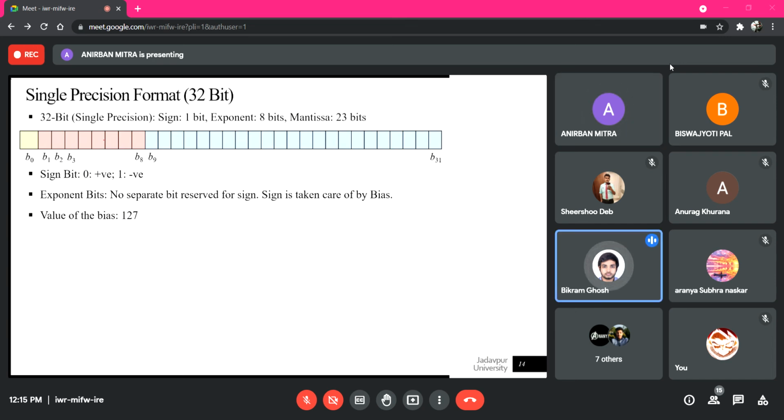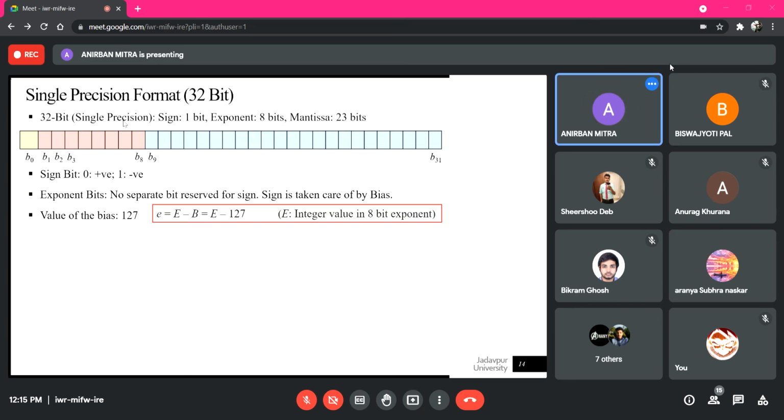2 to the power 8 minus 1. That is what we have to consider. 2 to the power 8 is 256.